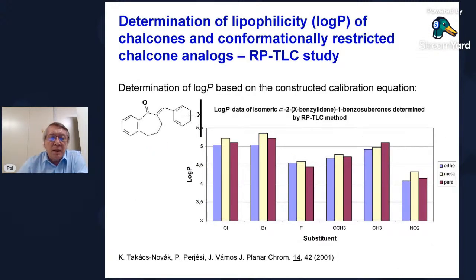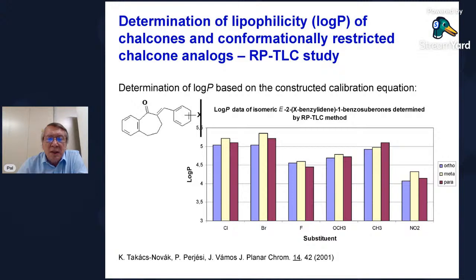In the case of a particular series, namely the series of the 7-membered ring analogs, we also investigated how the log P values change with different substitutions on the benzylidene unit in this particular series of cyclic chalcone analogs.